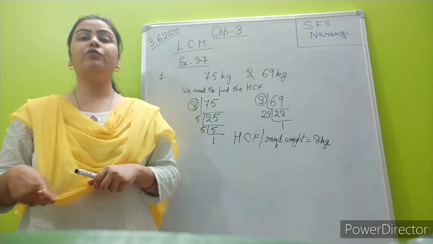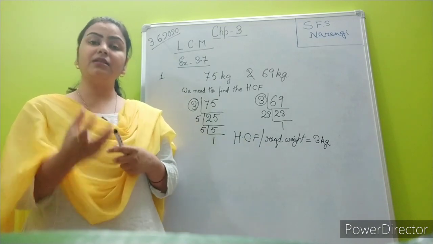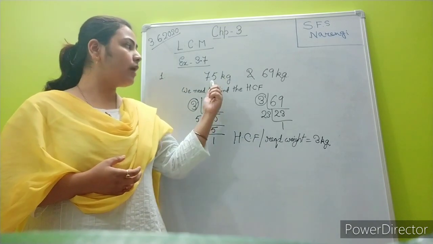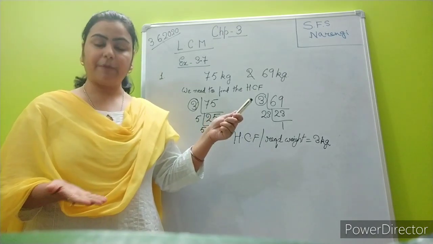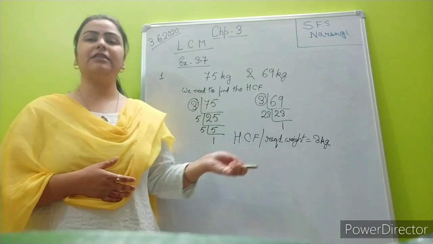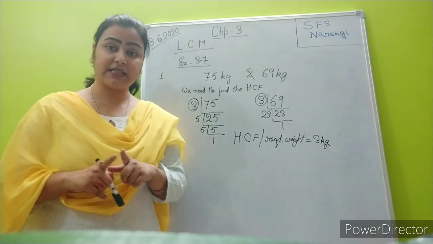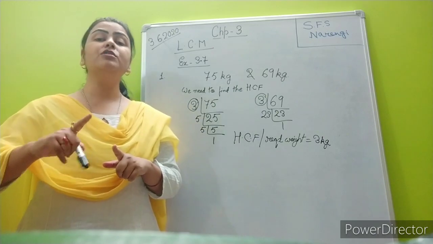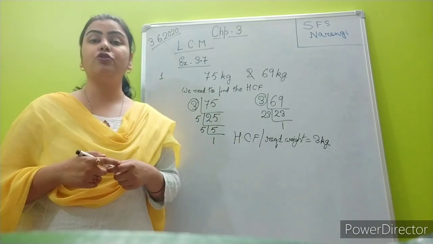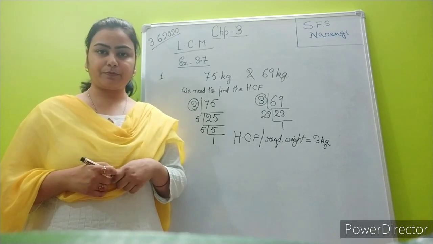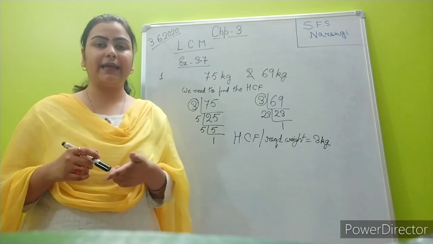When you read the question, you need to find out whether the answer has to be smaller than these two numbers or larger than these two numbers. If it has to be smaller, then you need to take out the HCF. And if you have to find something larger than the numbers given, then you need to find out the LCM. Okay. So keep recalling this rule again and again.